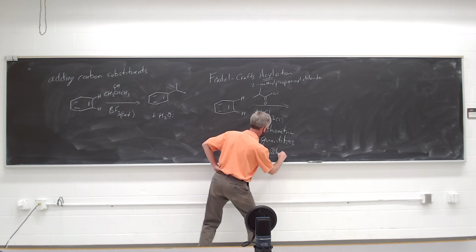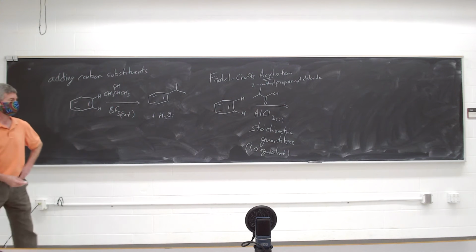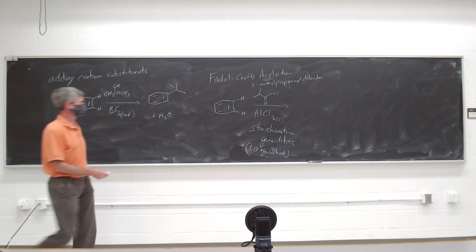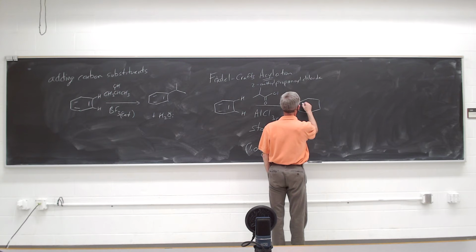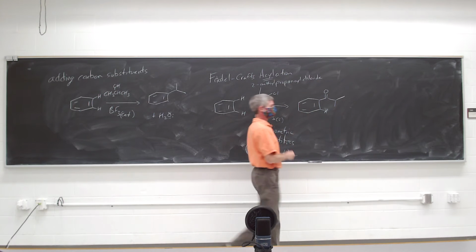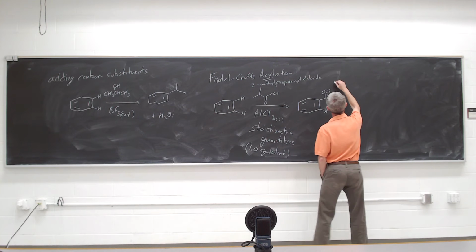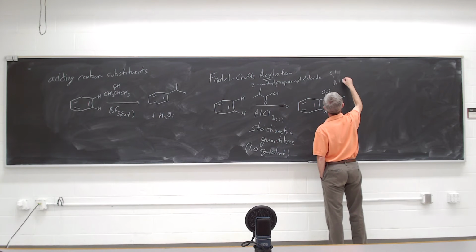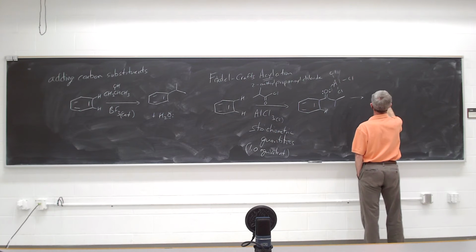This one's not catalytic. You have to use the full stoichiometric equivalent of aluminum chloride to make this reaction go. And the reason for that is that this oxygen will bind to aluminum chloride after the reaction is complete, forming a complex.